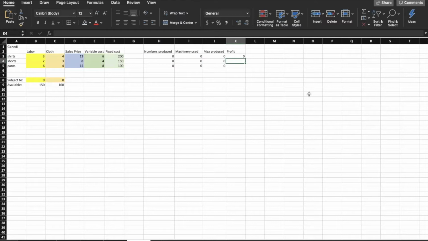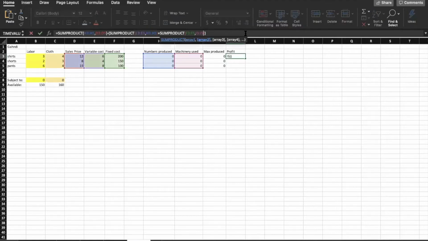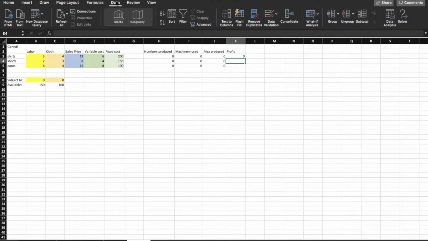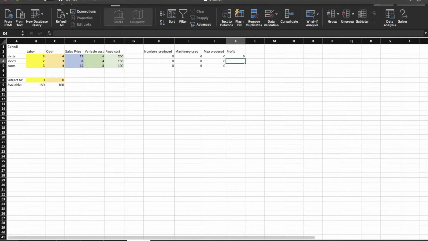And I'm going to click on Solver to see what our optimal solution would be. I'm just waiting on Solver to show up.